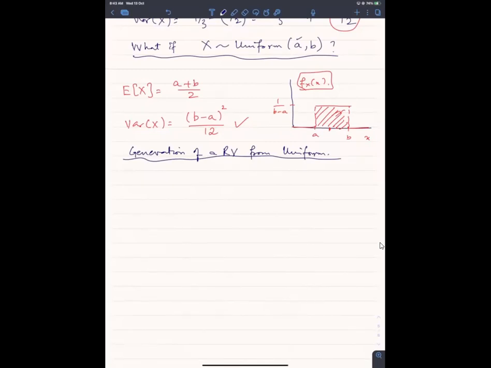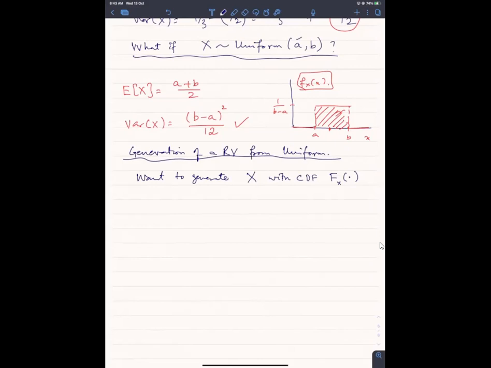Now, let me ask you this question. Okay. Suppose we want to generate a random variable x with CDF Fx. हम इस CDF के साथ जनरेट करना चाहते हैं. ठीक है.